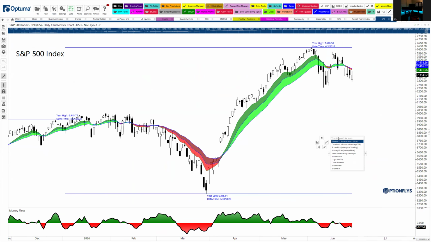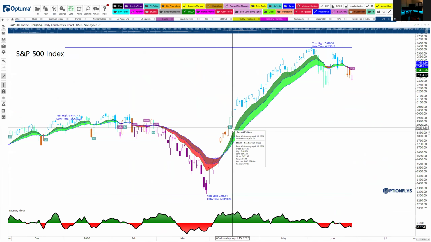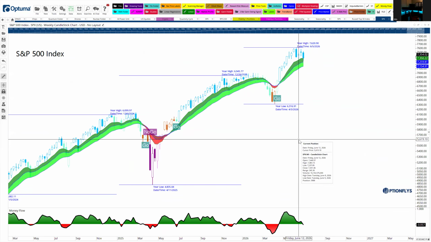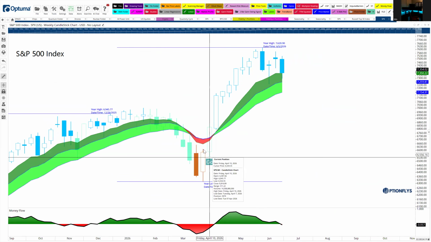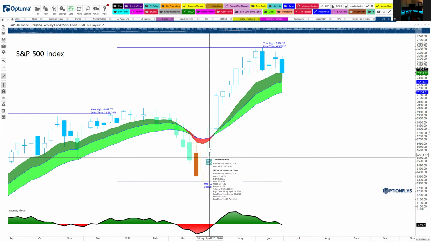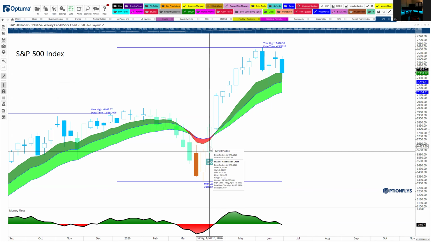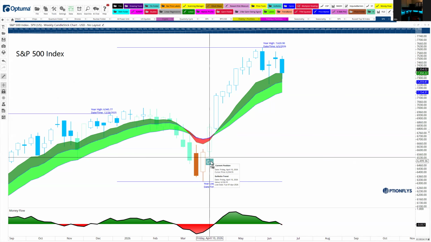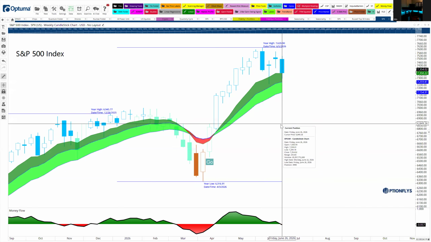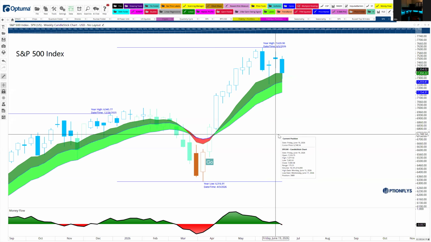So if we do, see right there, on the weekly, see, which was on April 10th, that week when the weekly go signal triggered. Look how, yes, it's worth it.